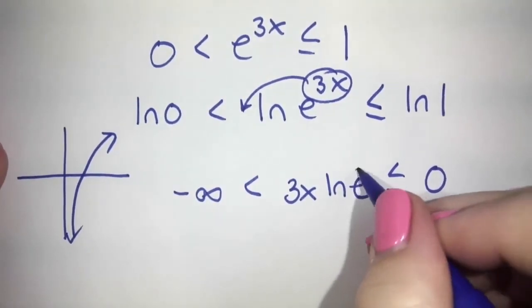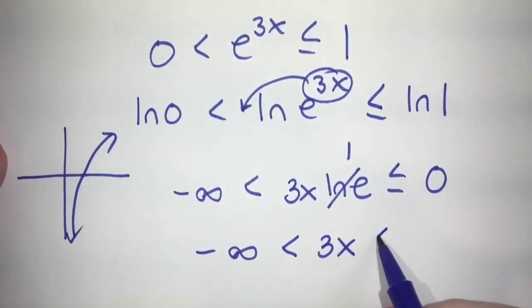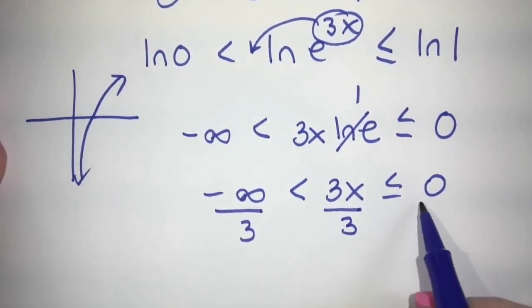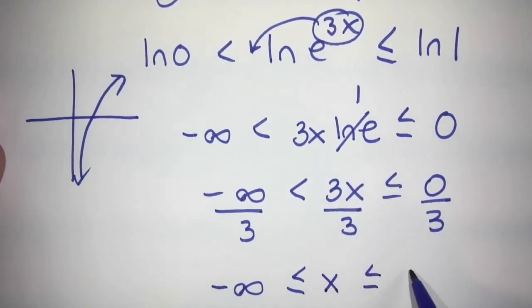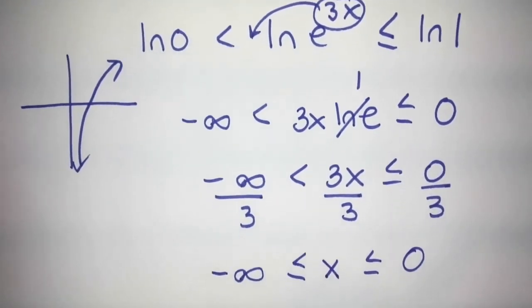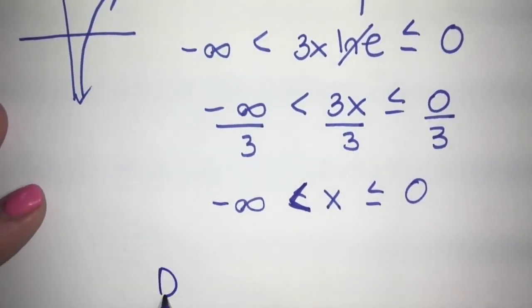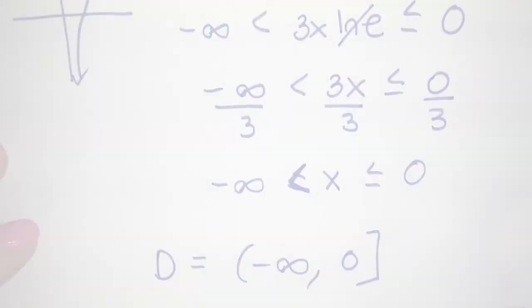Ln of e is actually equal to 1, so we can simplify this to -infinity less than 3x less than or equal to 0. And to get x, we're going to divide all the terms by 3. -infinity divided by 3 is still -infinity, still a large negative number. 3x divided by 3 would be x, and 0 divided by anything would be 0. And so our domain here would be, we can go from -infinity all the way up to 0, and it can include 0, so it would be a square bracket at 0.